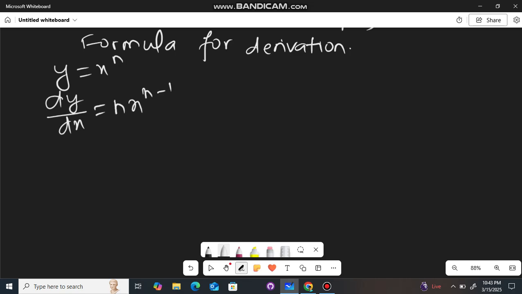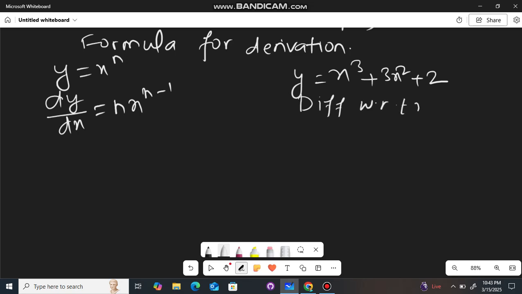Okay, let's check this out with y equals x cube plus 3x square plus 2. Let's take a complicated example. You just focus on this question. Okay, it's not that hard to understand. If you just put a little bit of focus, it's easier to understand. Okay, differentiating with respect to x, so dy by dx.